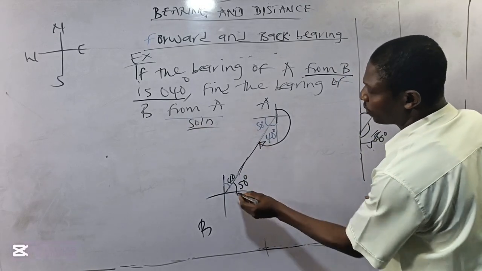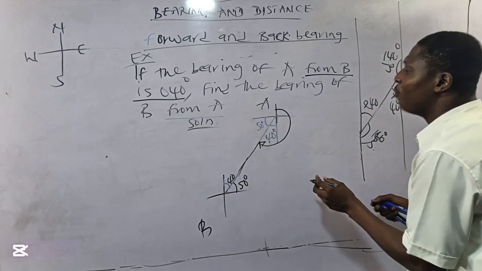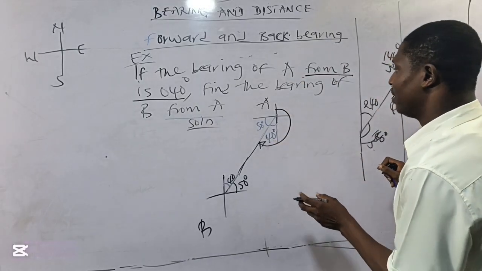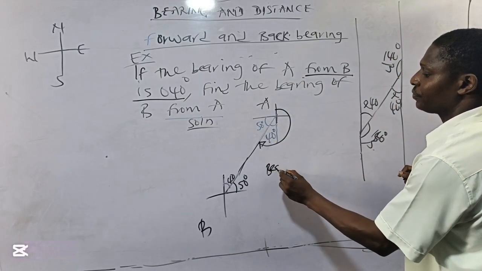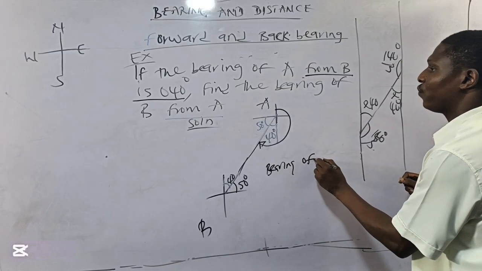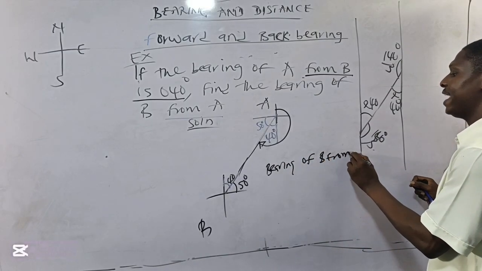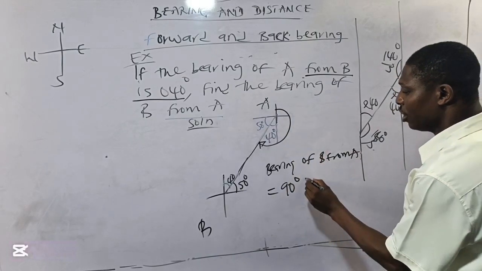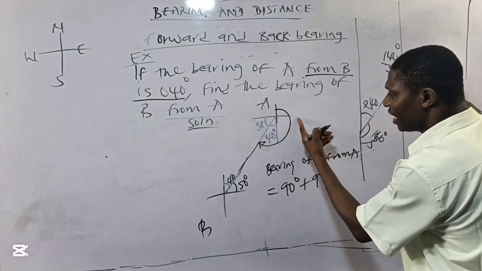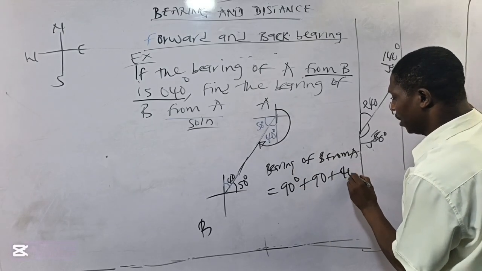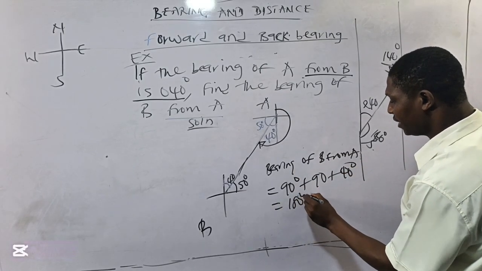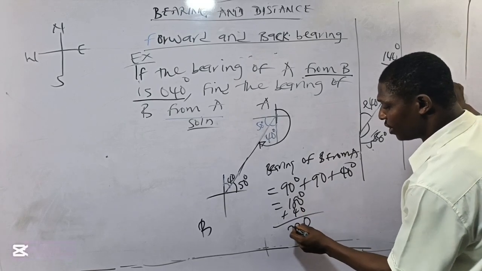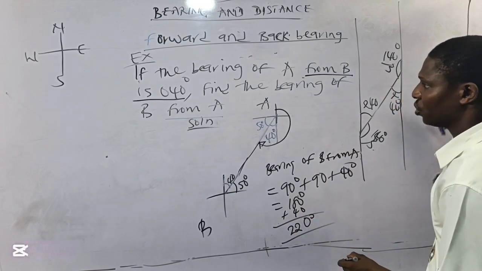Take notes. Now, the angle formed will be 90 degrees plus 90 degrees plus 40 degrees. So, bearing of B from A equals 90 degrees, which is northeast, plus another 90 degrees, which is southeast, plus my 40 degrees here, which equals 180 degrees plus 40 degrees, giving me 220 degrees.